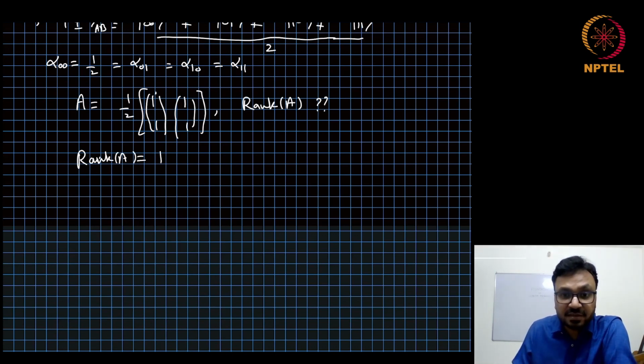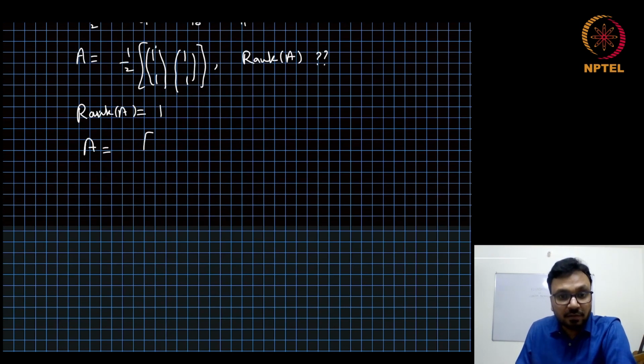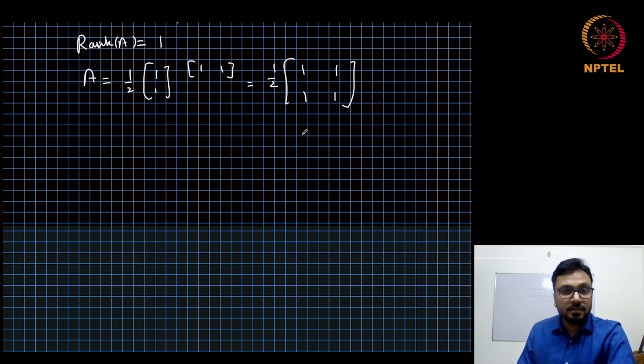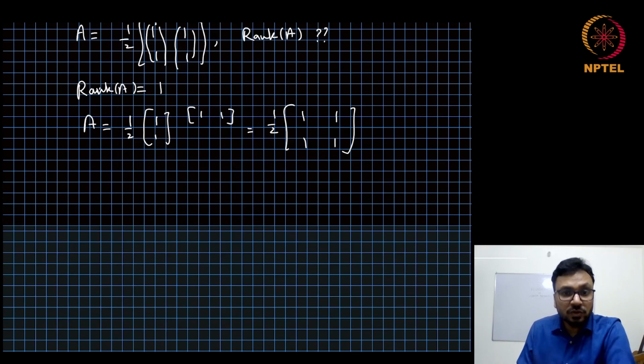In fact, this A can be written as a ket vector (1, 1) times a bra vector (1, 1), with a factor of 1 over 2 outside. So this can be calculated to be (1, 1, 1, 1). So the rank of matrix A is 1.